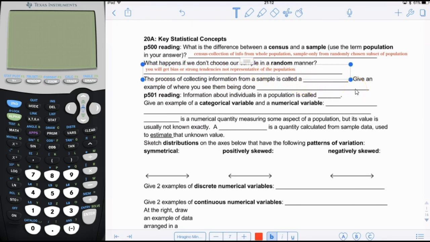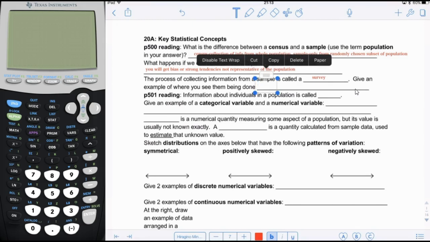Okay. The process of collecting information from a sample is called a survey. Give an example of where you see these being done. Well, how about at an election?